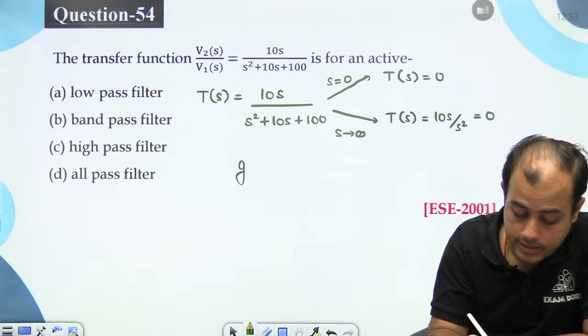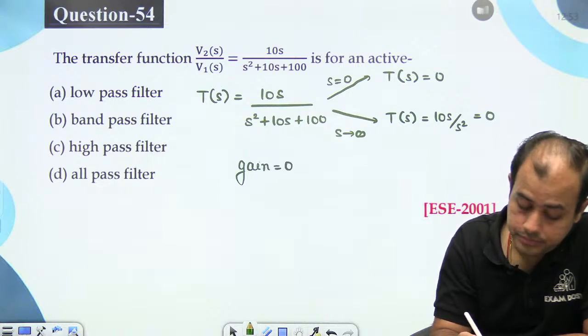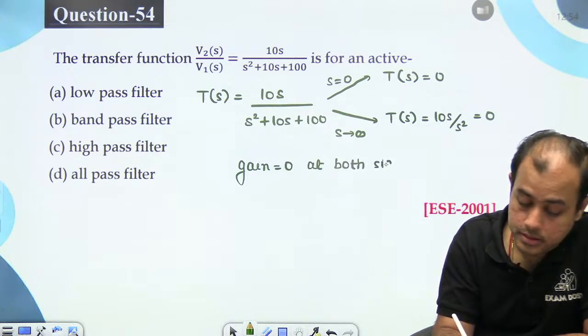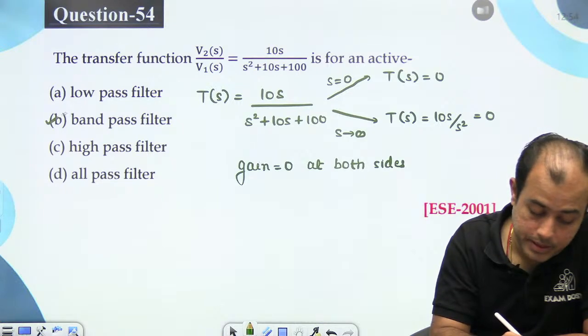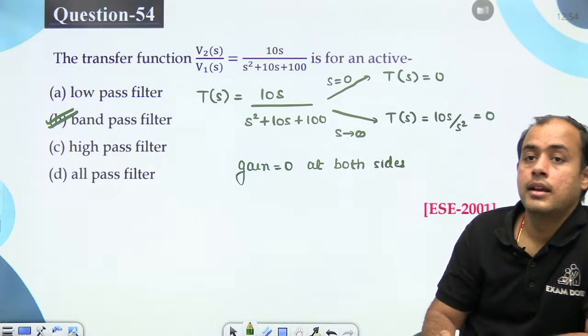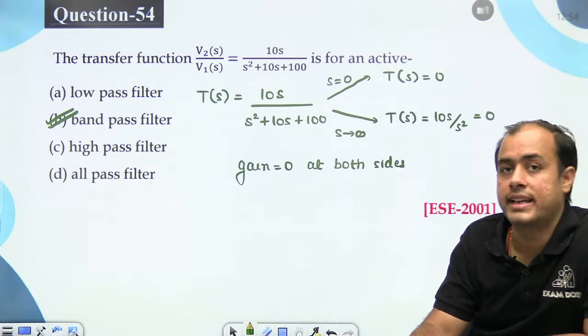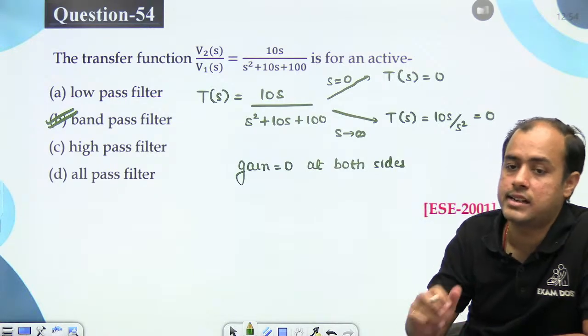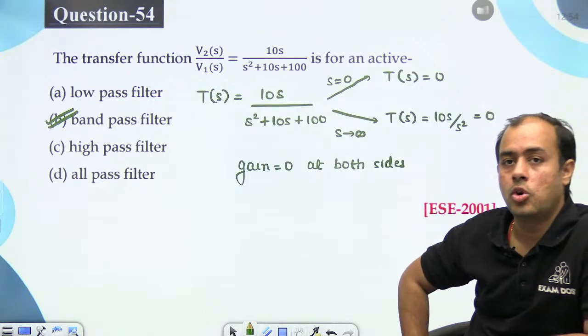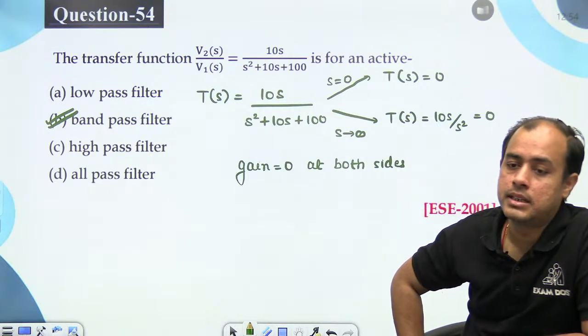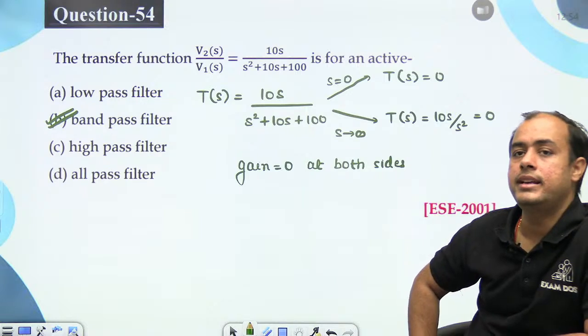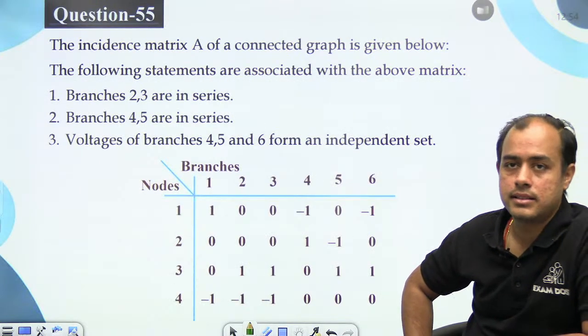So gain is 0 at both sides. So this will be a band pass filter. अगर दोनों तरफ गेन लो आता है तो बैंड पास, दोनों तरफ हाई आता है तो इट इज अ बैंड रिजेक्ट फिल्टर. So now gain is low at both end of the spectrum. Gain is low at low and the high frequency. So in between it will be non-zero. It is band pass.